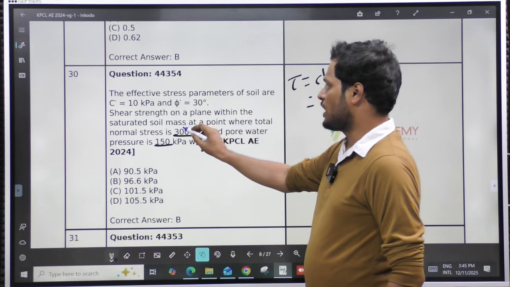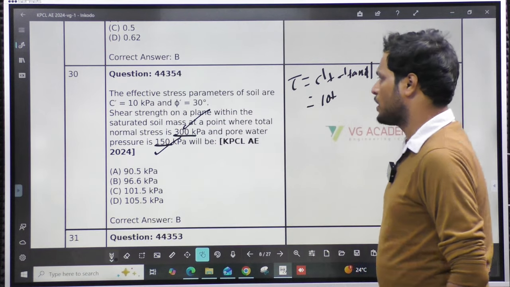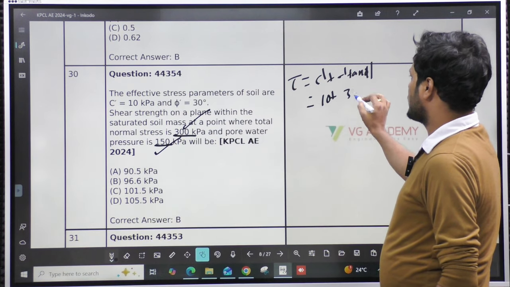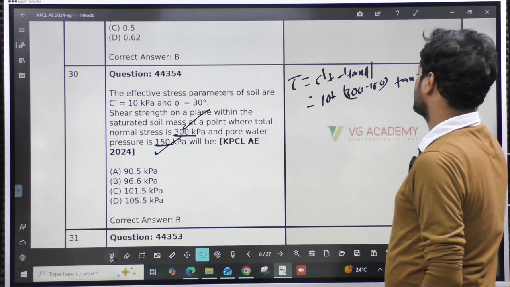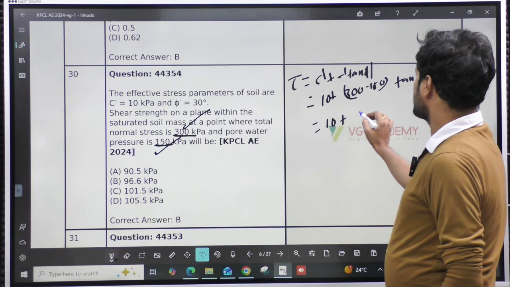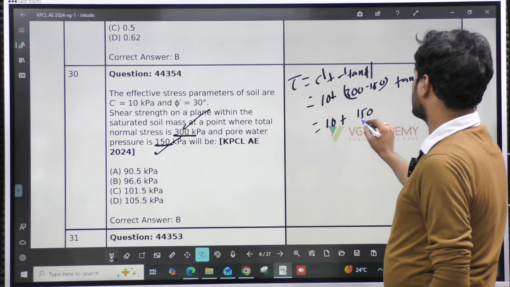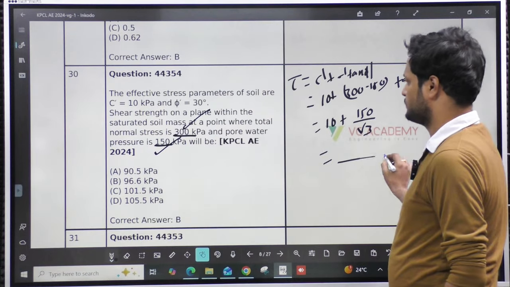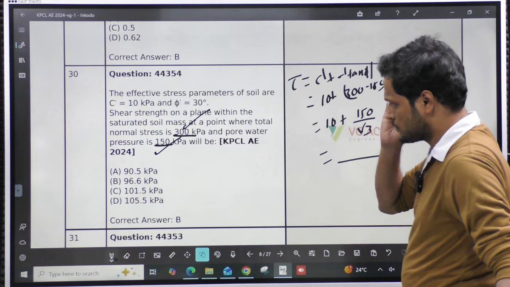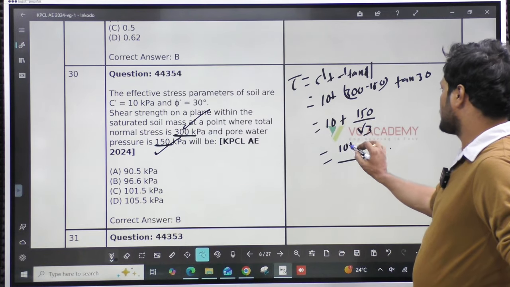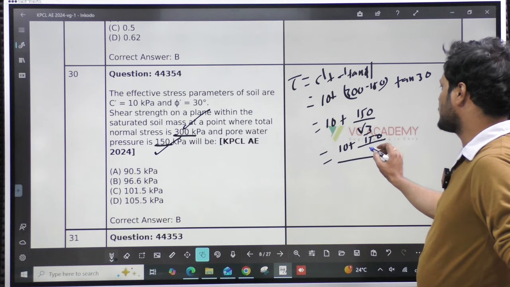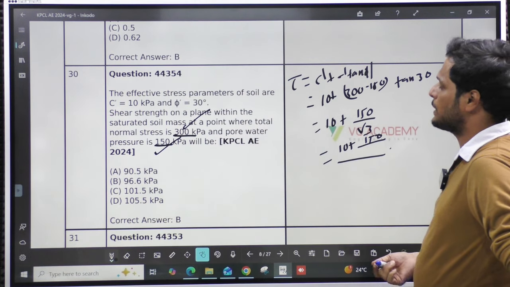Sigma dash: total normal stress is 300 and pore water pressure is 150. So 300 minus 150 into tan 30. So 10 plus 150 tan 30, which means by root 3. See what value you are getting. So 10 plus 150 by root 3 means 1.7 approximately.